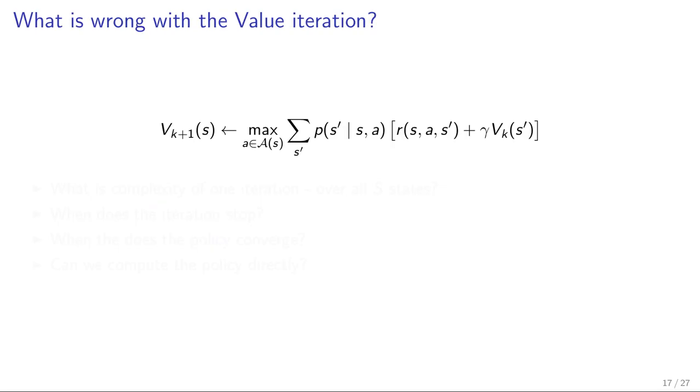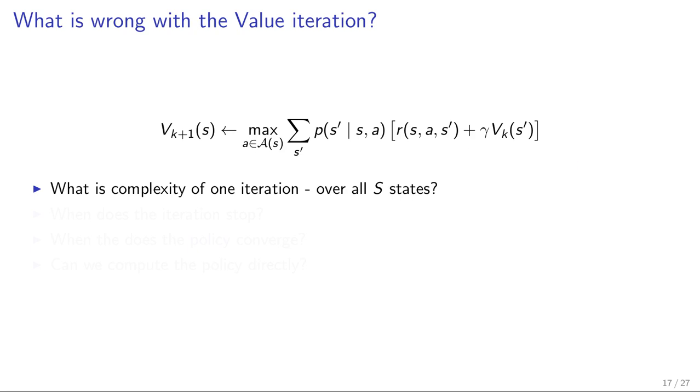Right, so what is wrong with value iteration? We touched on the complexity. I think we covered this already last time.